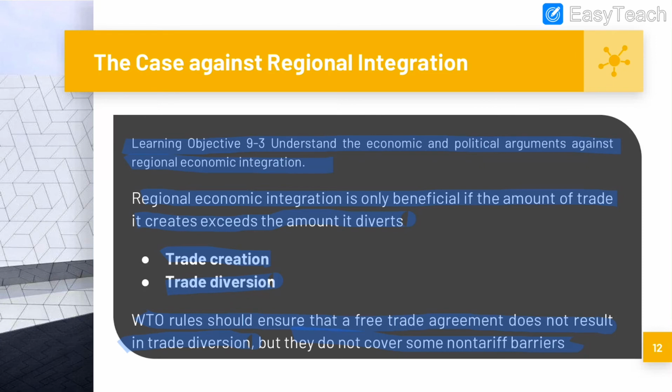It is better to have trade creation but not trade diversion, because trade diversion means you have a loss.